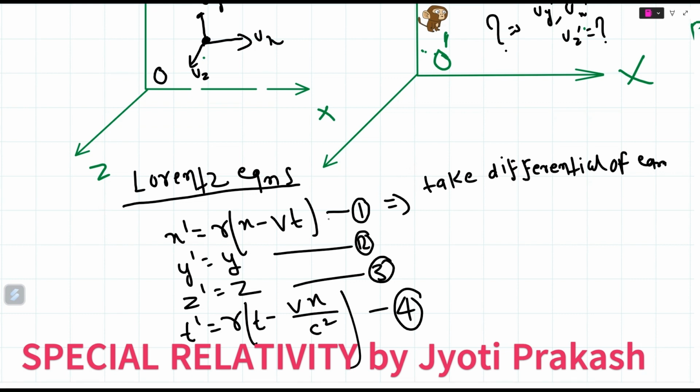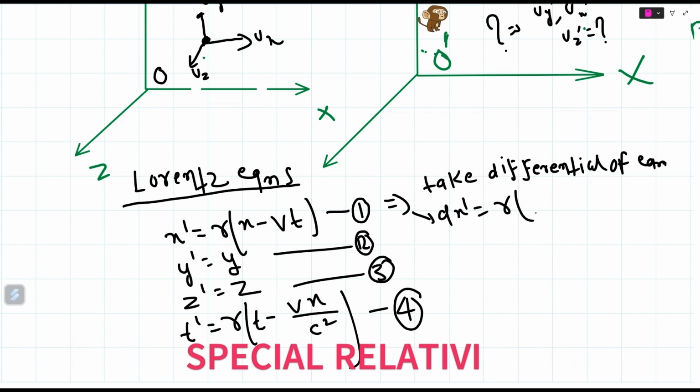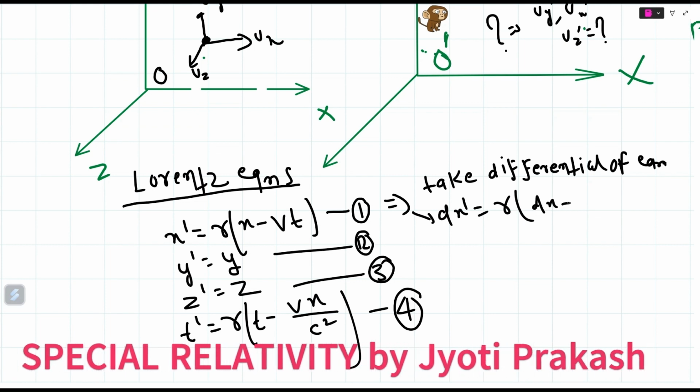Then you can write dx prime equal to gamma (dx minus v dt), where v is constant, call it 1 prime.